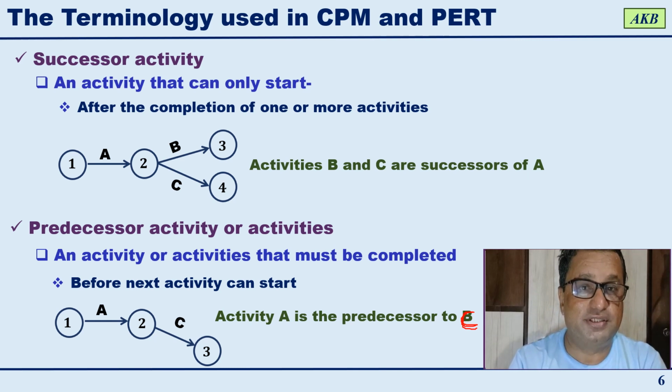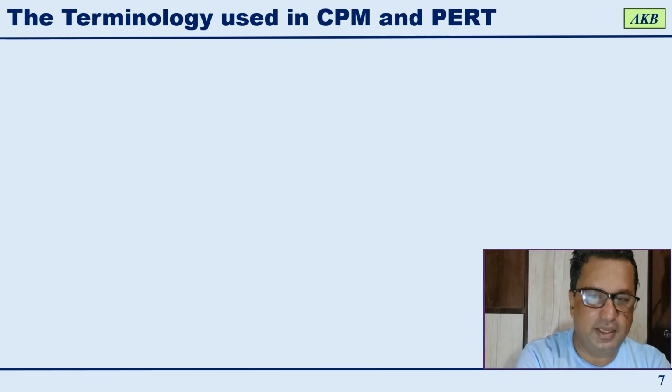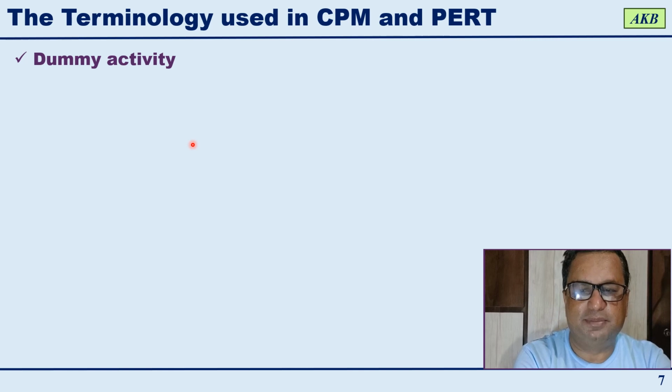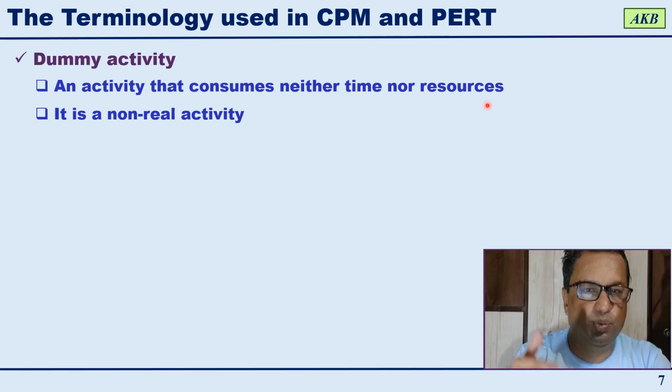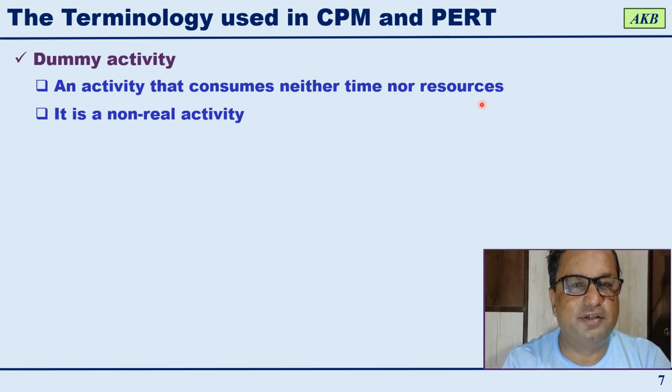Now you know what is a successor activity, and now you also know what is a predecessor activity. Then the next concept that we are supposed to understand is dummy activity. So what is this dummy activity? An activity that consumes neither time nor resources. While understanding the concept of activity, we have learned that every activity will consume time and resources. But now we are talking about a dummy activity.